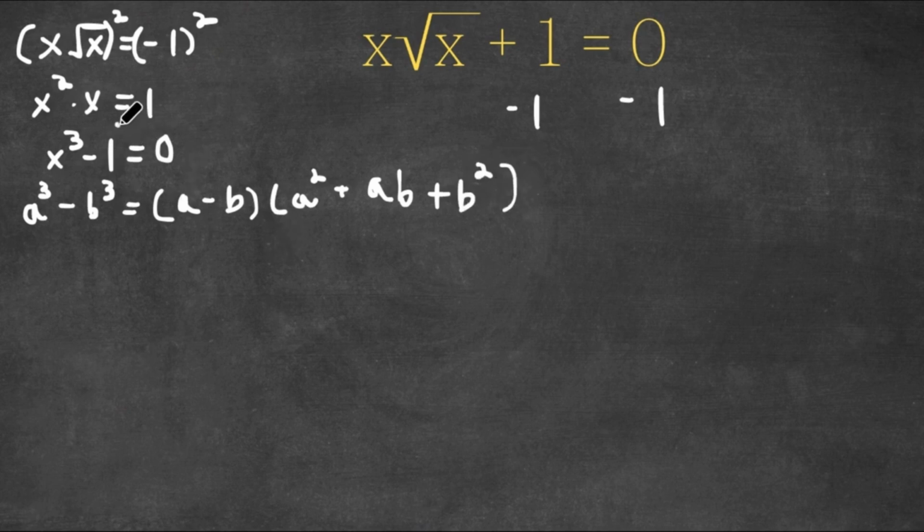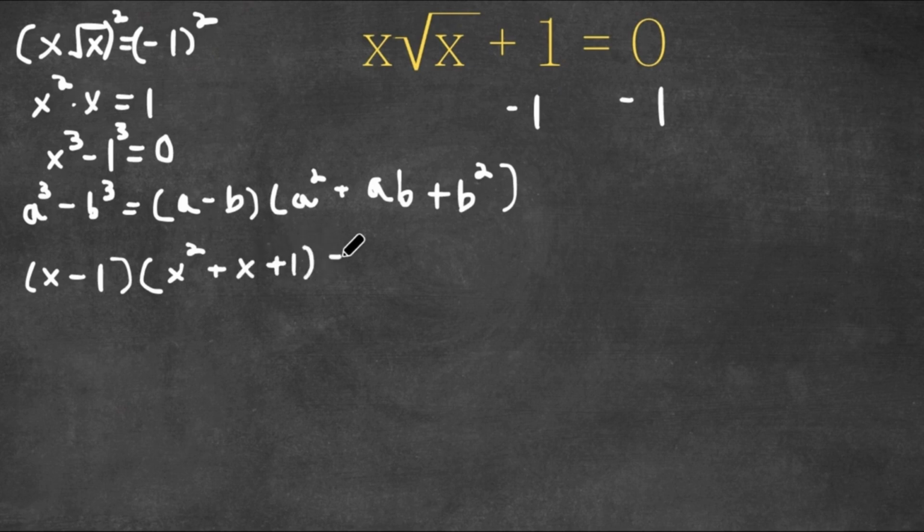So 1 is the same thing as 1 to the power of 3. So if we plug in our values here, we get x minus 1 times x squared plus x times 1, which is simply x, plus 1 squared, which is simply 1.